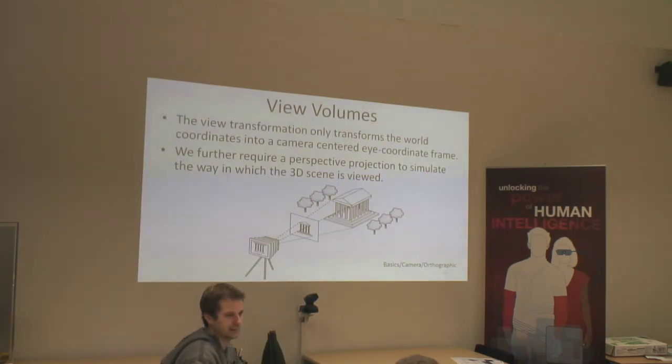It's kind of nice because we're used to working with cameras. We can sort of understand what changing various bits and pieces of them means. There's also the idea of a view volume, which is a little bit less intuitive because it actually allows us to do things which aren't possible in the real world. So have any of you ever done any engineering or technical drawing, like drawing plans for a house or anything?